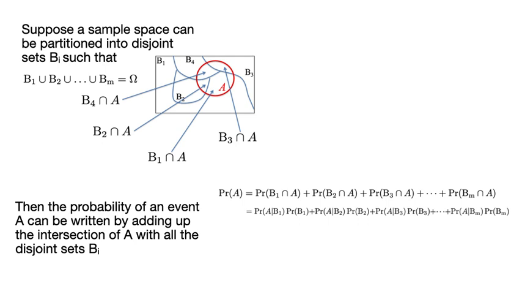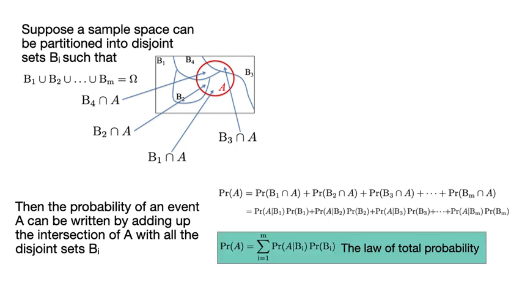So what have we done here? Well, we can make this much neater by writing it as a sum from i to however many disjoint sets we made of the probability of A given the disjoint set times the probability of each individual set, sum them all up. This is known as the law of total probability.